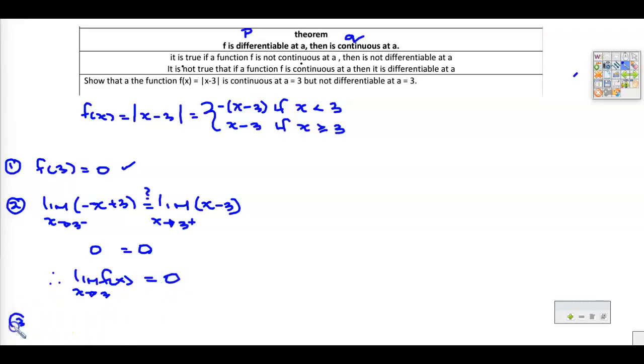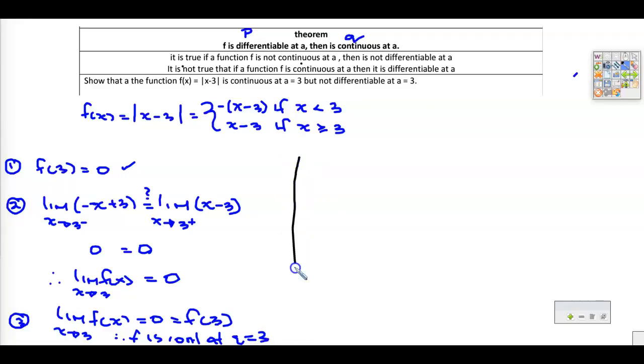And you make your conclusion that since the limit as x approaches 3 of f of x equals 0, which equals f evaluated at a, since those are equal, therefore f is continuous at a equals 3.